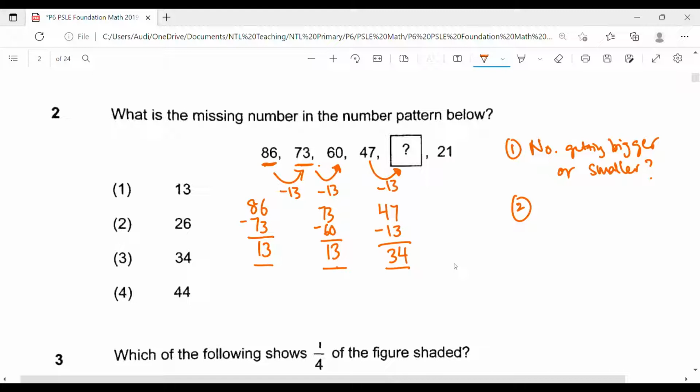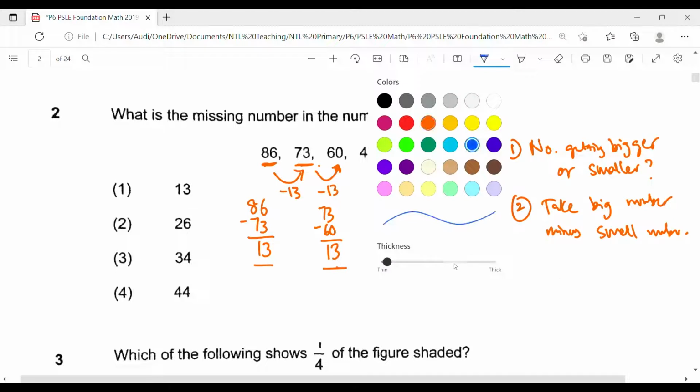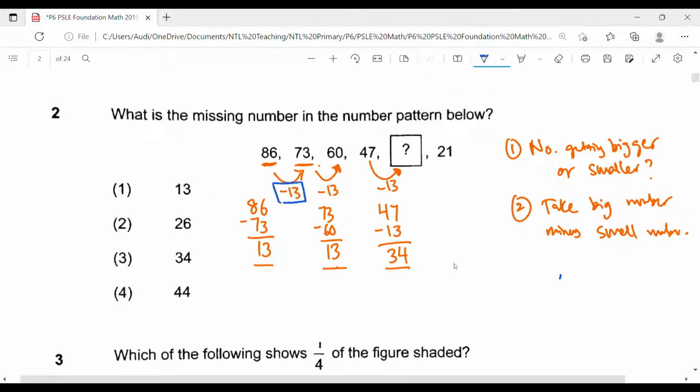And so we take the bigger number minus the smaller number. Once we know the decrease is by 13, for example here, now we can find the missing number. Pause the video, try this question on your own, and then continue again. Okay?